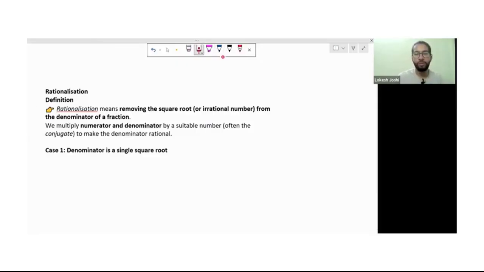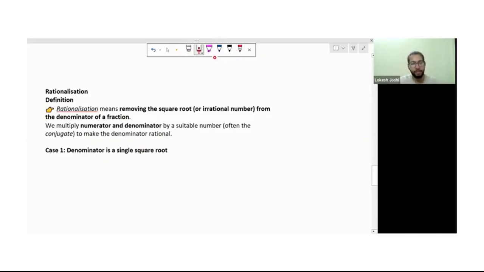To do that, we can multiply numerator and denominator by a suitable number, often the conjugate, to make the denominator rational. We multiply some fixed number in the denominator and numerator such that the answer will be rational in the denominator.